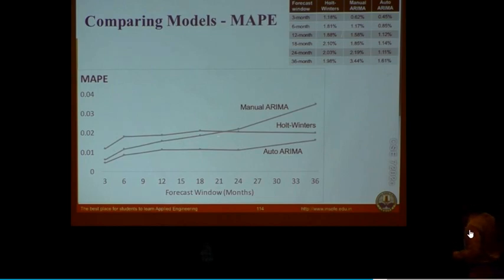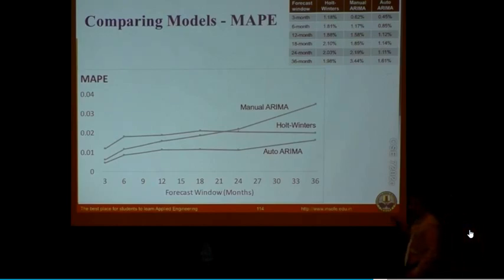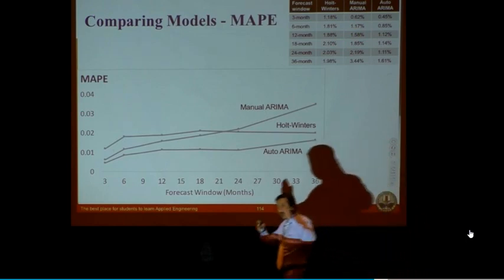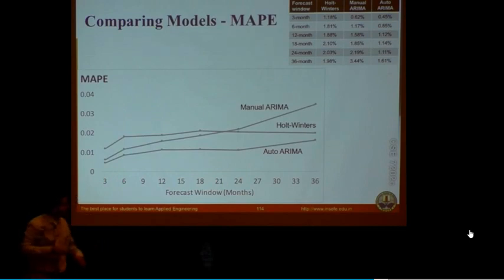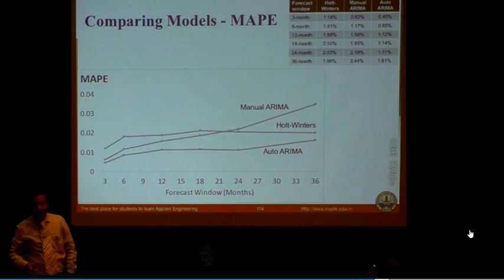But even otherwise, look at the numbers. 1%, 1.5% at the most. At the most, it is 2% really. Error for almost a 3-year horizon. Even at the 3-year horizon, manual ARIMA messed up, but auto ARIMA 1.6%. Holt-Winters 2%. 3-year forecast, not bad.